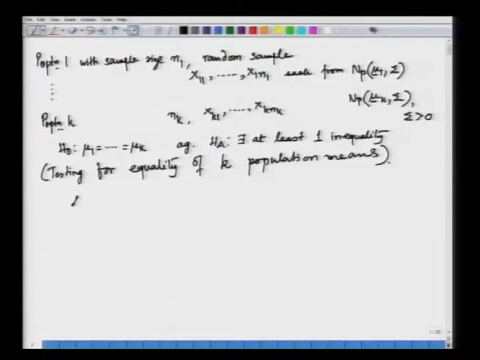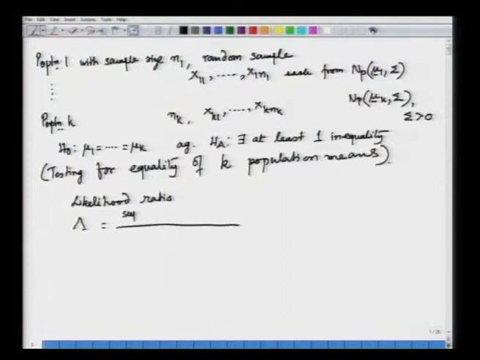So, we apply the likelihood ratio test principle for testing this null against this alternative. If you recall the likelihood ratio test principle, it is centered around the likelihood ratio, which we denote by lambda. Just recall the definition.